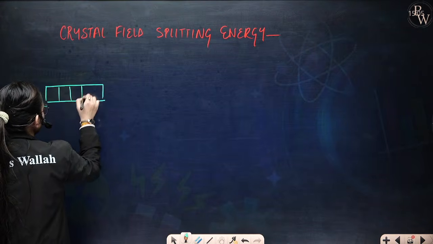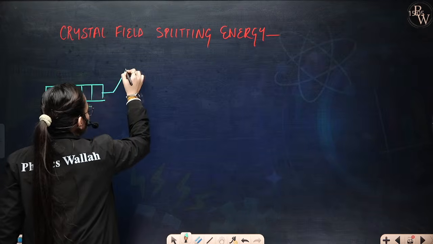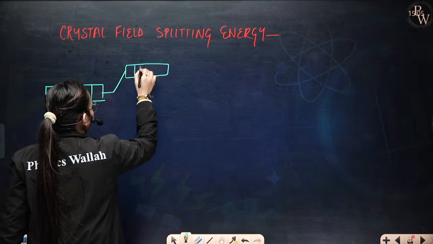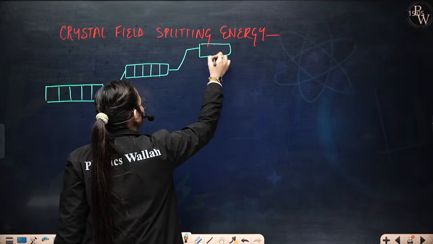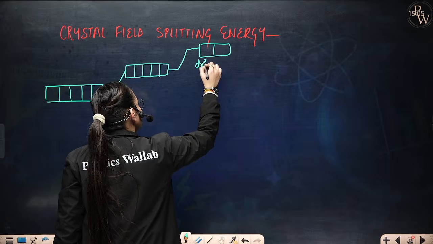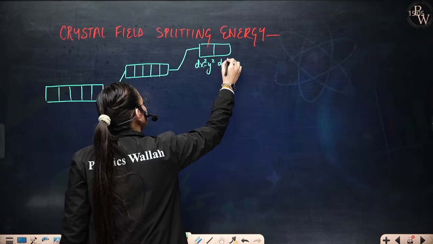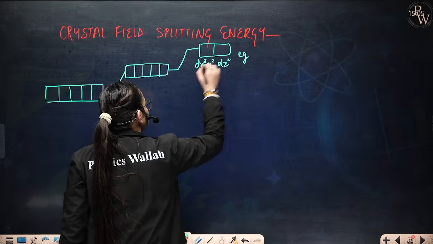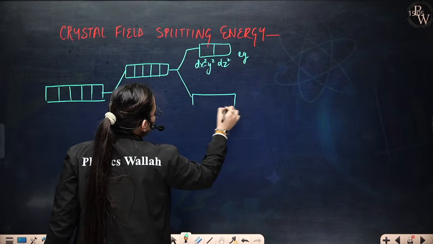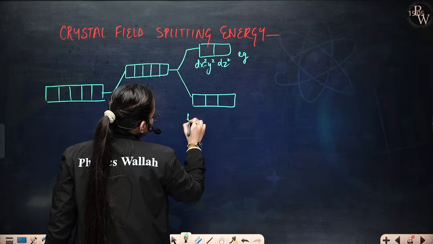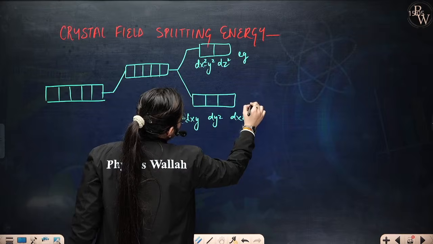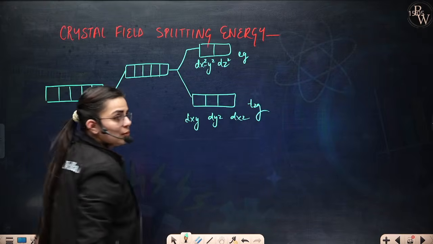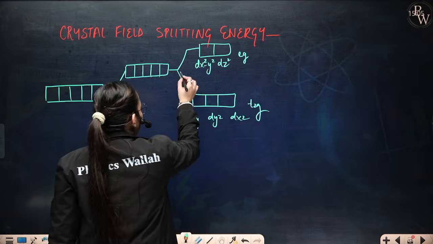See, we have 5d orbitals like this. Initially, they will have more energy as degeneracy breaks, and after that we have two orbitals, that is the EG1, that is dx square y square, dz square. These are the EG1s. They will have more energy, and then we have the dxy, dyz and dzx respectively, which will have the T2G1, lower energy with respect to the average energy.